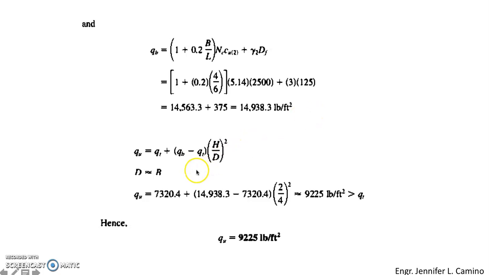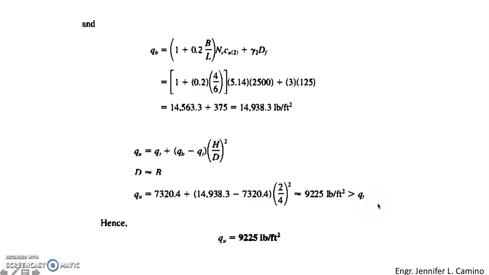And if you substitute to this equation for the computation of the ultimate bearing capacity, we get that value, which is 9,225 pounds per square foot, and this is greater than our bearing capacity for the topsoil.